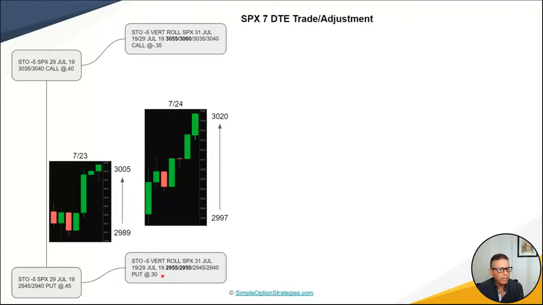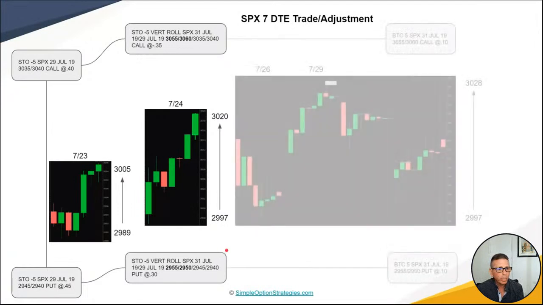I rolled this one for 10 points instead of 20, and got a 30-cent credit on this. So all in all, basically, I spent 5 cents to get the trade out of being threatened. So all in all, the trade was still very profitable. Okay.